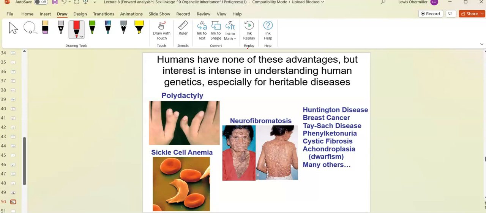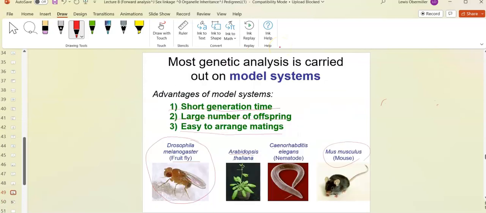So we talked a little bit about that. In humans, we don't have any of these advantages. We don't have a short generation time; we're talking 15 years, maybe 18 years. Usually humans don't have a lot of offspring. We're not talking about hundreds or thousands.